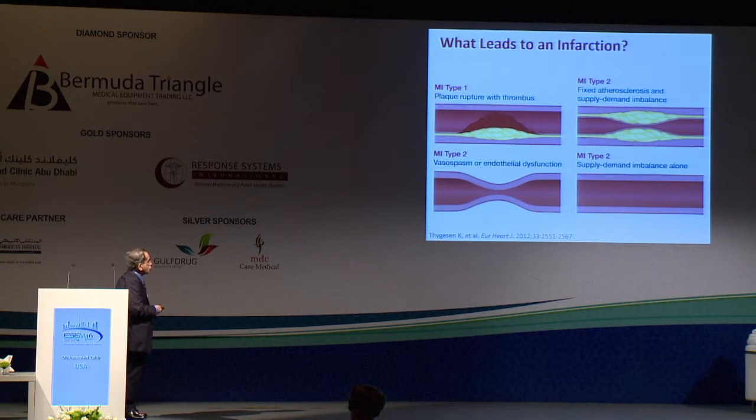In this one, we don't see any abnormality. It's a very smooth vessel wall. No plaques are seen, but it's a question of supply and demand. If you're anemic, your supply is reduced, and you are going to get a troponin elevation, and it will still be classified as type 2 MI. The problem comes in: how do you differentiate a type 2 MI due to fixed atherosclerosis from one where there is a demand and supply problem?